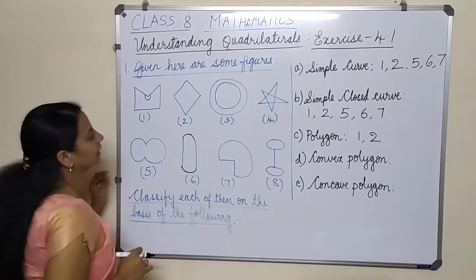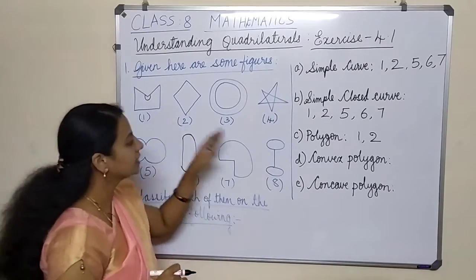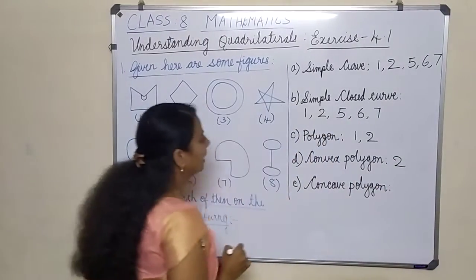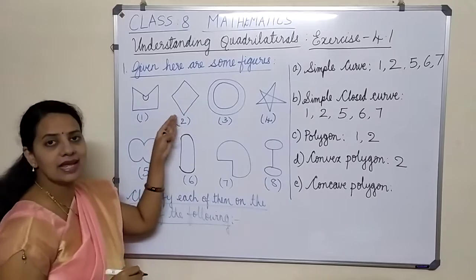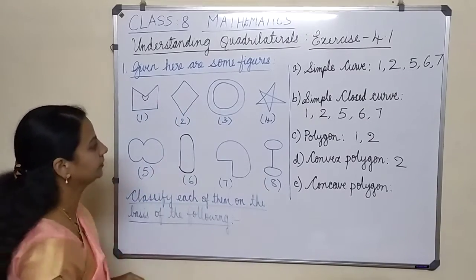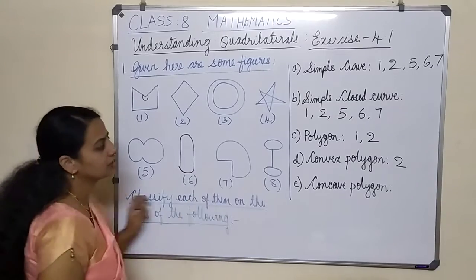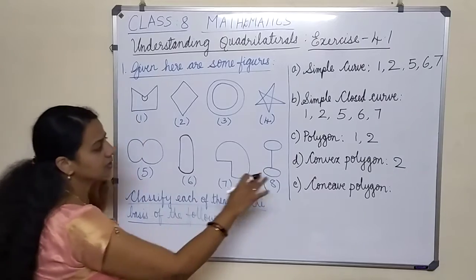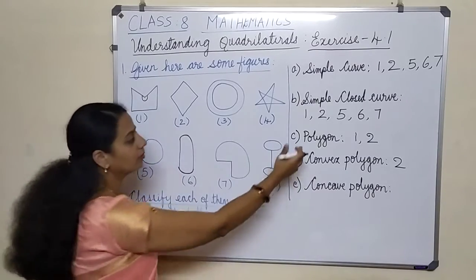Now coming to the second figure. The second figure is a convex polygon. So I'm going to write down here 2, because all the angles are less than 180 degrees. So all others are not polygons. So here itself we have ruled them out, right?